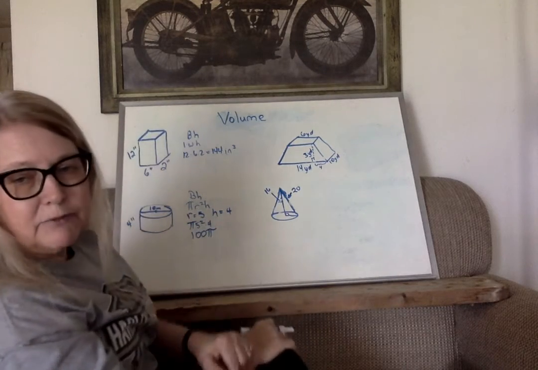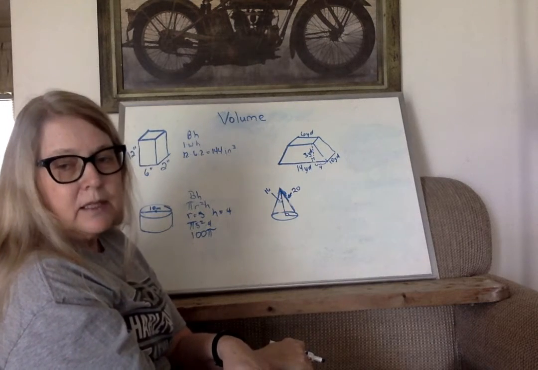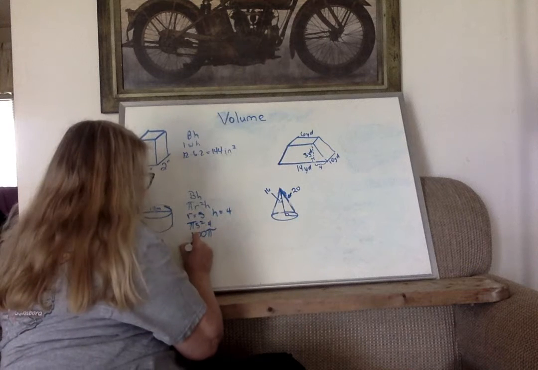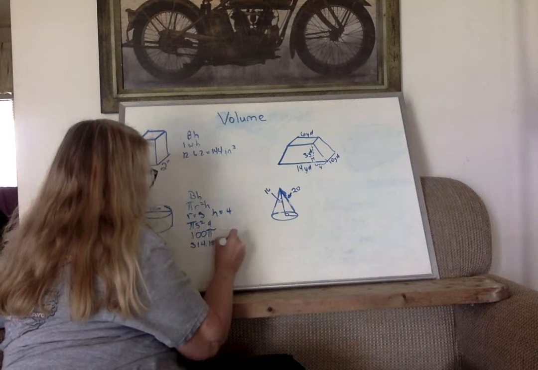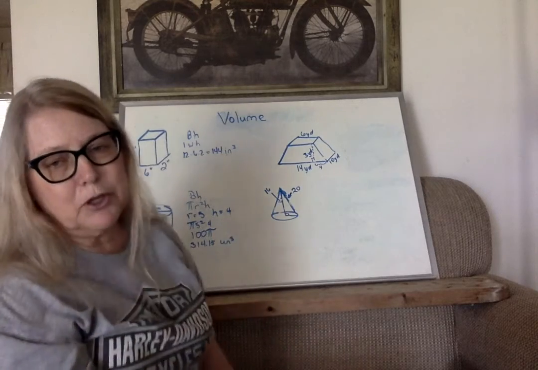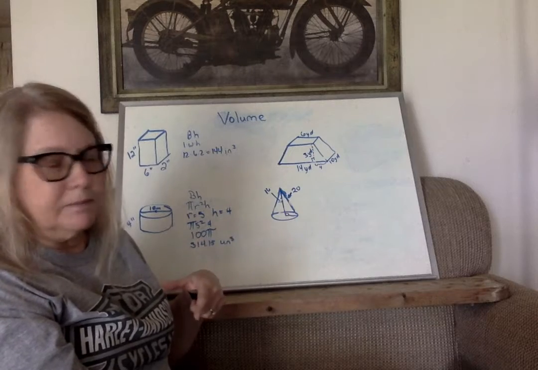And that would be done if we're looking for exact form or pi form. We take 100 times pi, 314.15 units cubed.